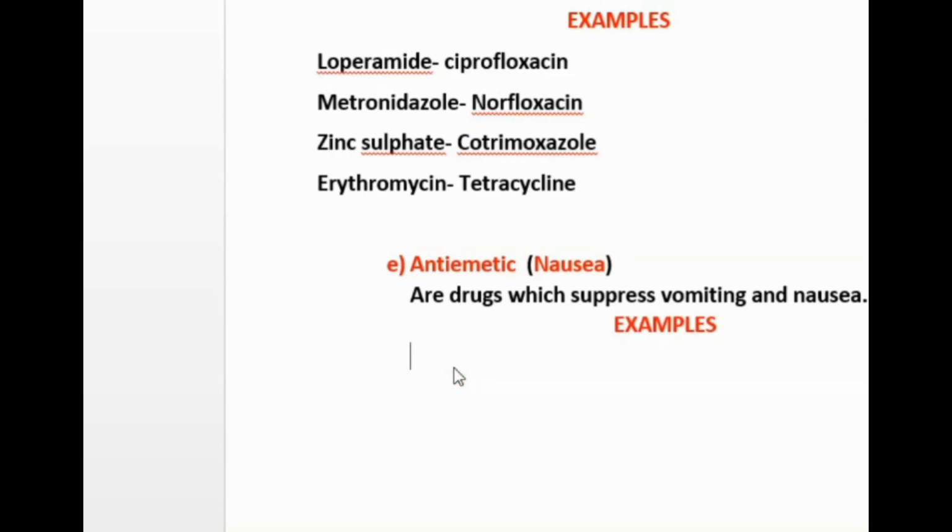The first one is ondansetron. Ondansetron is an antiemetic drug which stops or suppresses vomiting and nausea. We also have metoclopramide. The third is promethazine.